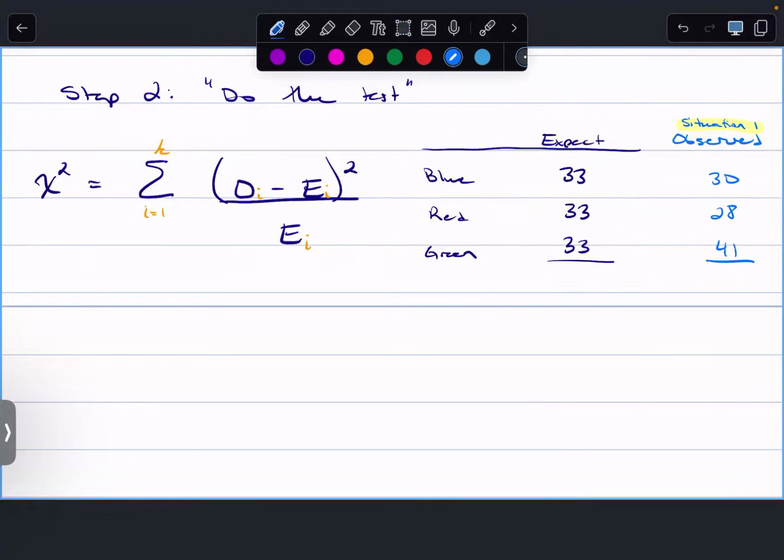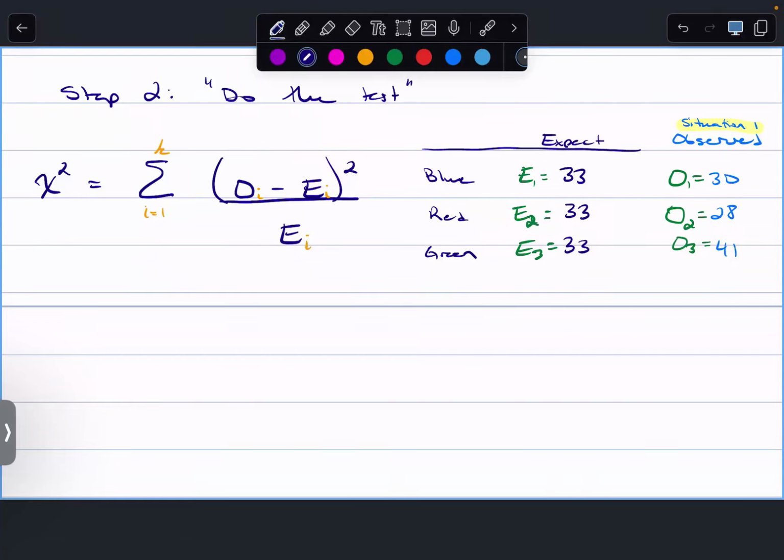What this means is that the expected 1 is 33, expected 2 is 33, and expected 3 is 33. Observation 1 is 30. The observed count for 2 is 28 and 3 is 41. Okay.